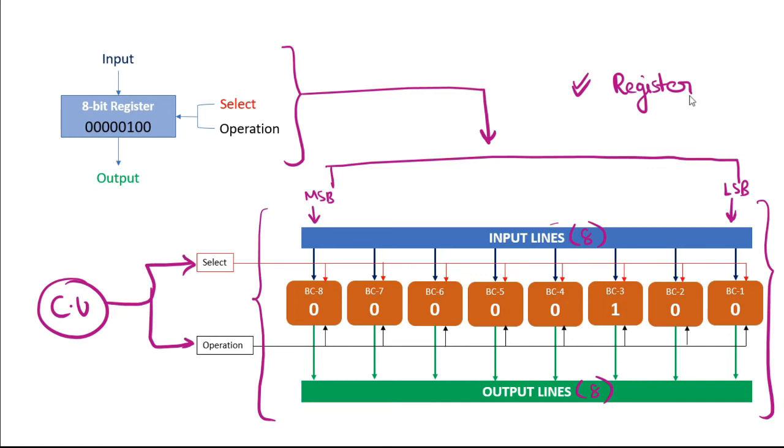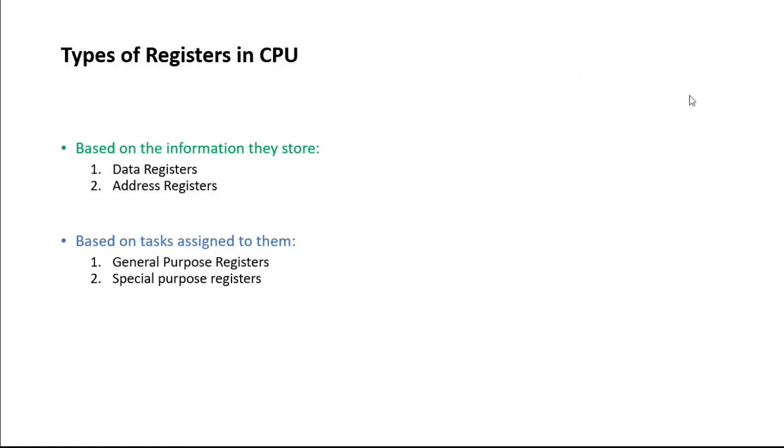Now let's discuss the types of registers that are generally there in any CPU. There are many types of registers in a CPU, and these types are categorized based on two aspects.